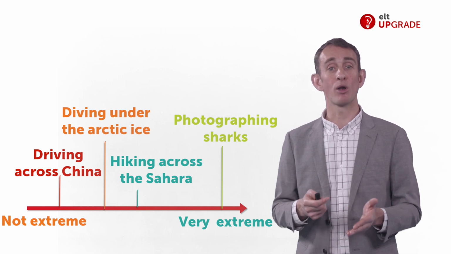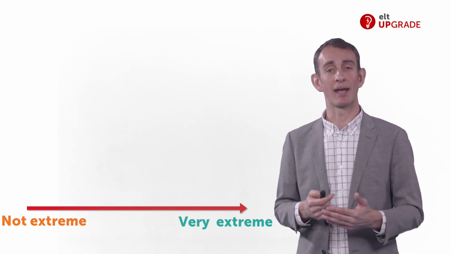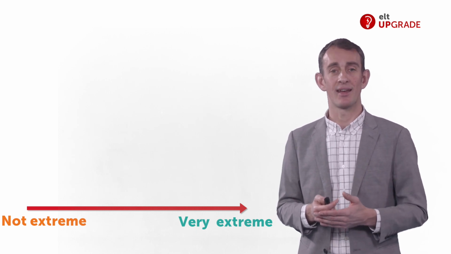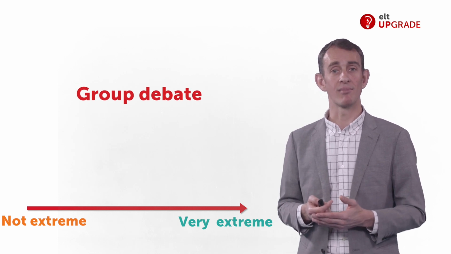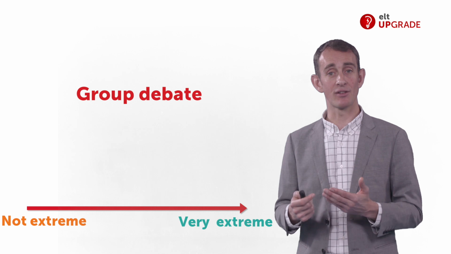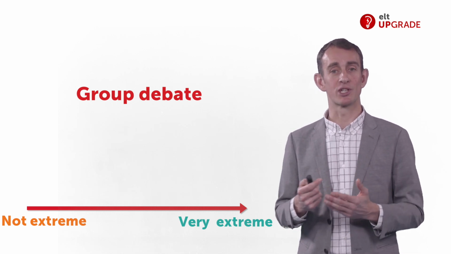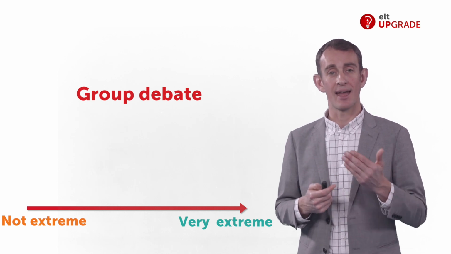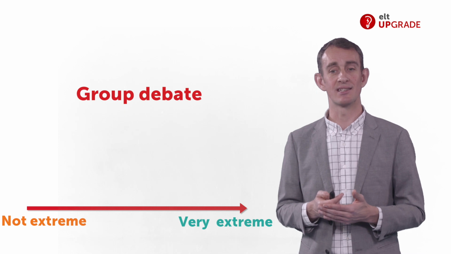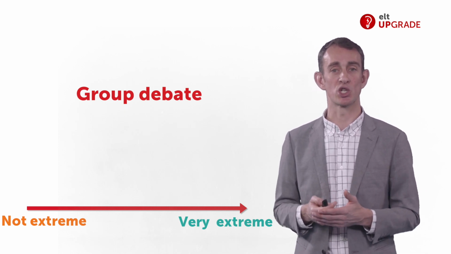They then have to plot those activities on this scale depending on their opinions. They can do that individually first, then in groups they can debate those activities about how extreme they are and come to some kind of conclusion or negotiation together, and then plot those activities in a final task based on that negotiation.